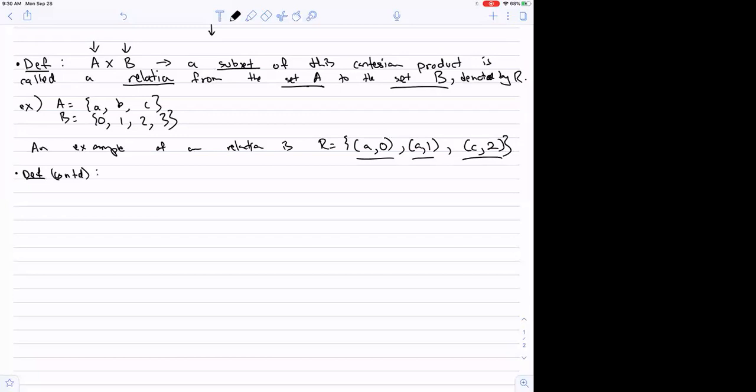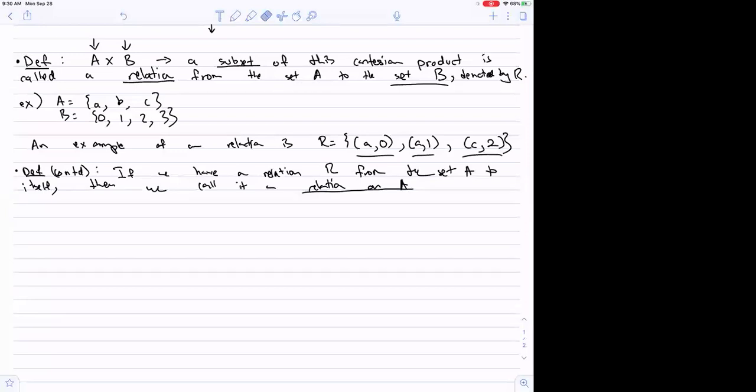If you have a relation from the set A to itself, then we call that a relation on A. So if we have a relation R from A to A, then we call it a relation on A. That's just terminology. I'll underline this, a relation on A.